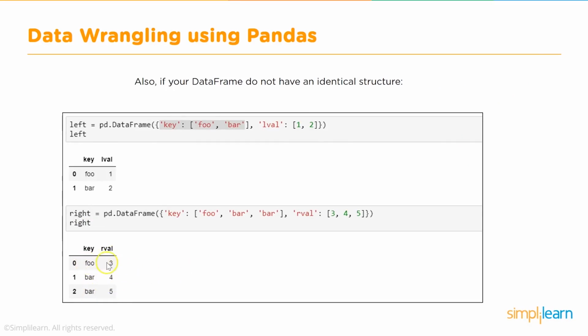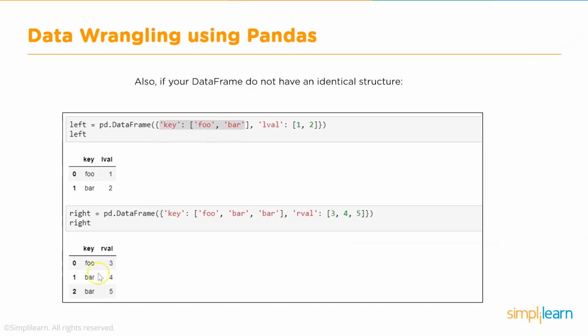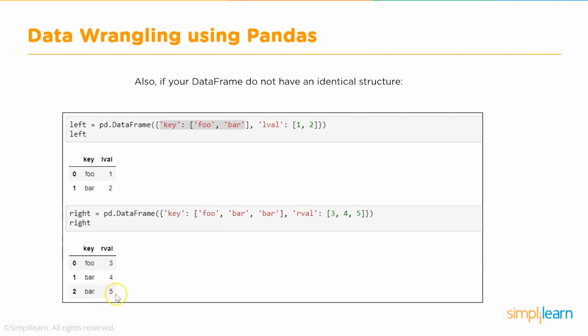So for foo, which already exists because it has come from the left, it will just put the value of rval here, which is 3. Similarly, it will put 4 here because for bar, if you go back, the value is 4. And since it has one more value of bar, it will go and add this 5 as well.